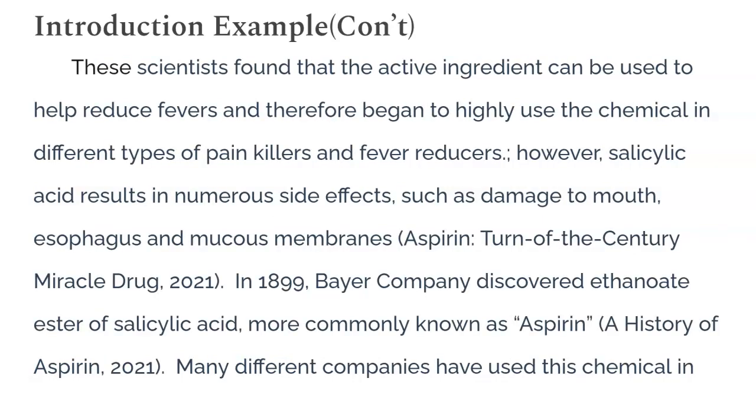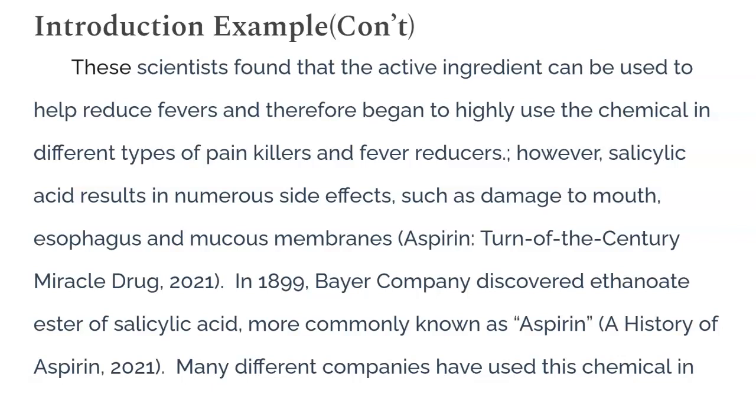The next page says introduction example continued, and it keeps talking about the discovery of acetylsalicylic acid. The scientists found out that the active ingredient used to help reduce fevers was salicylic acid, but it had a lot of side effects.